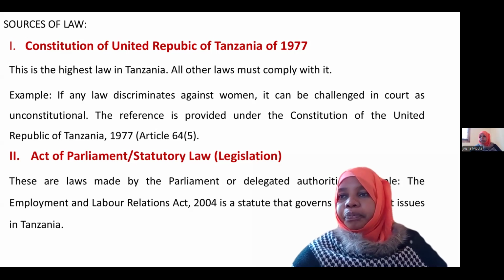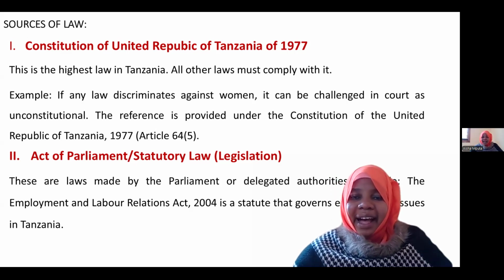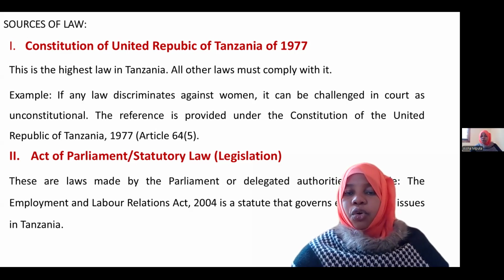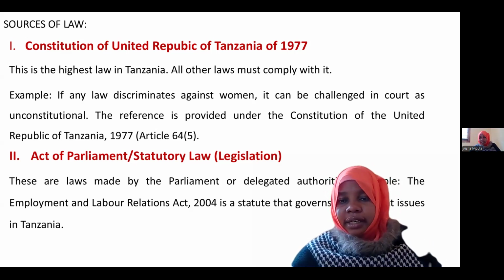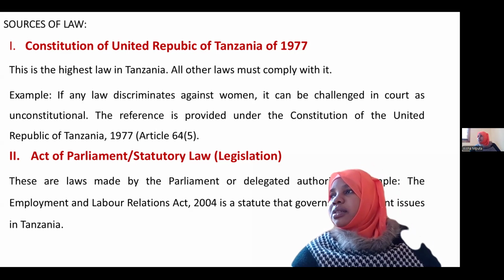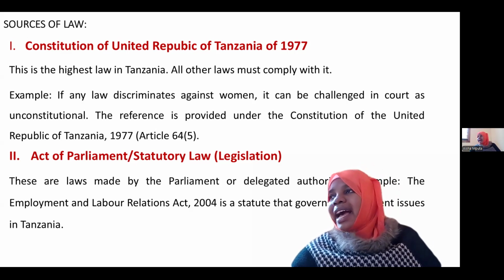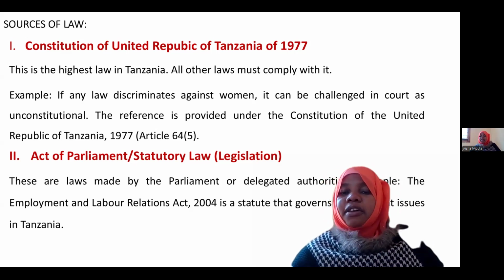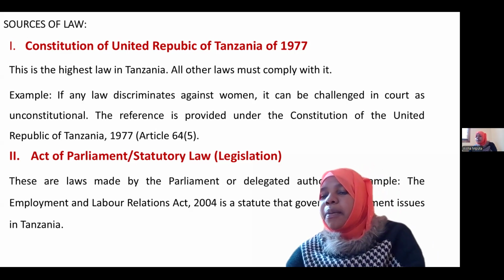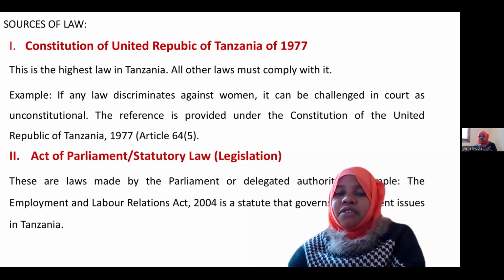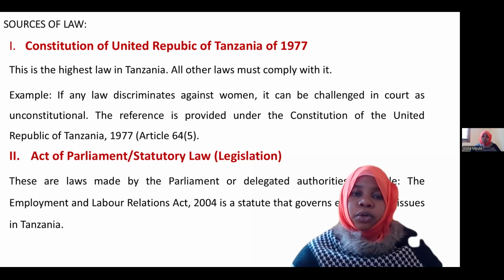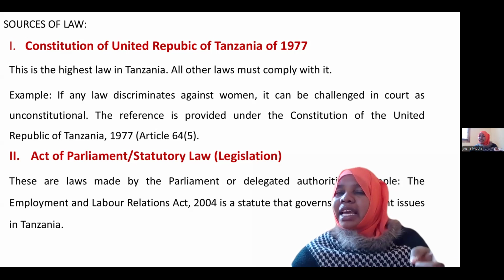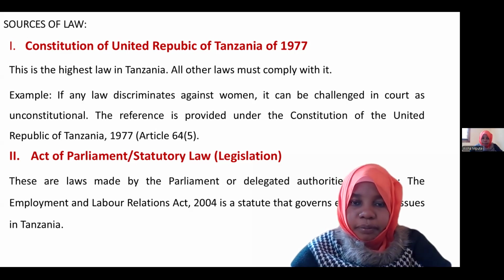For example, if I want rules on how to conclude a business contract, the law is the Law of Contract Act, Cap 345. It gives out how a contract is supposed to be formed, the elements for its validity, and so on. So we say an Act of Parliament is a source of law in the country.